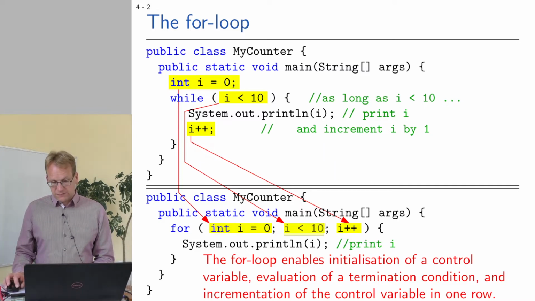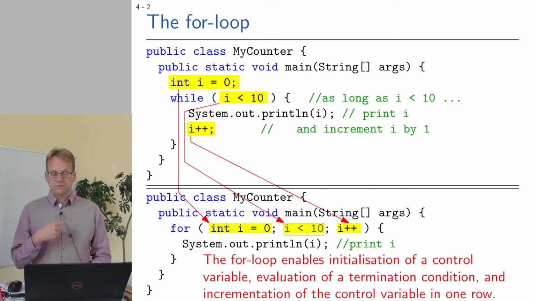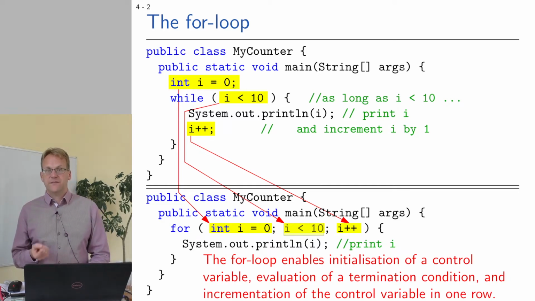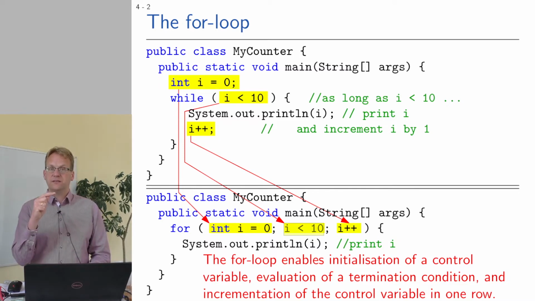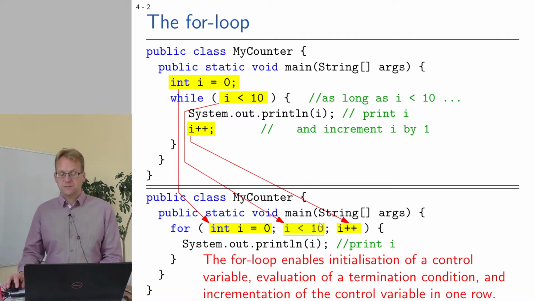The second expression after the first semicolon, that is the condition that is evaluated before every execution of the loop, just as in the case with the while loop. So before we execute the code between the curly brackets, we check whether this condition still holds.